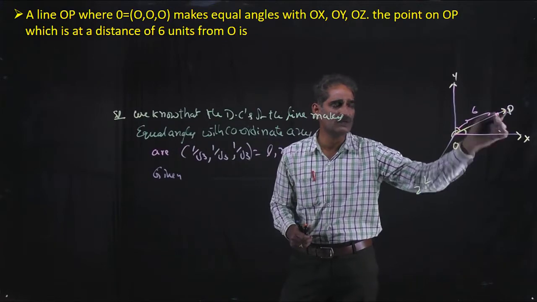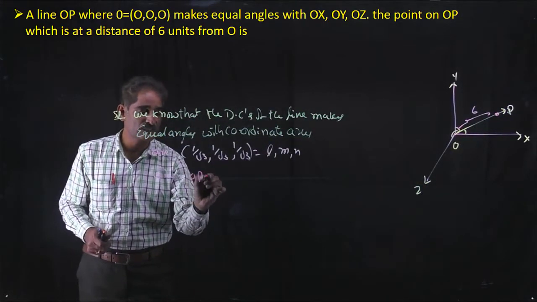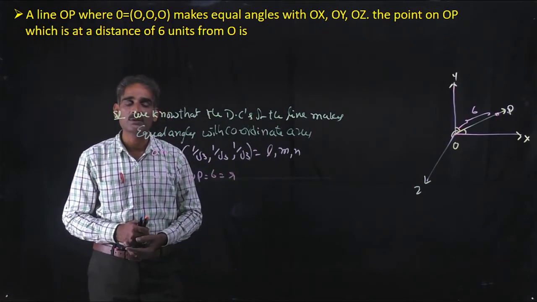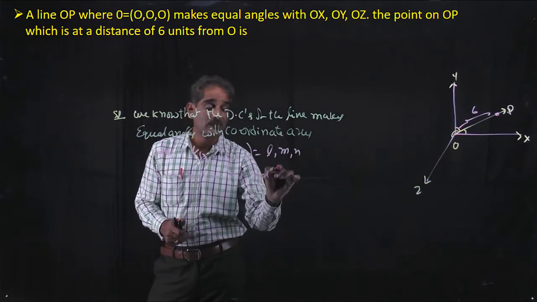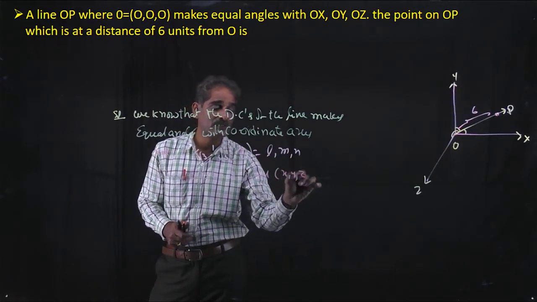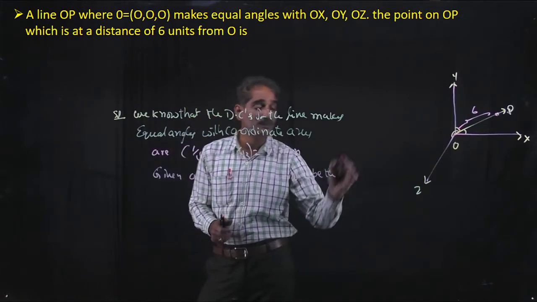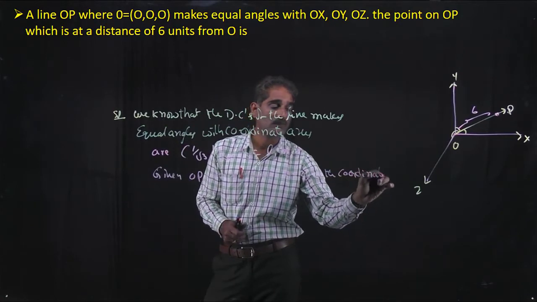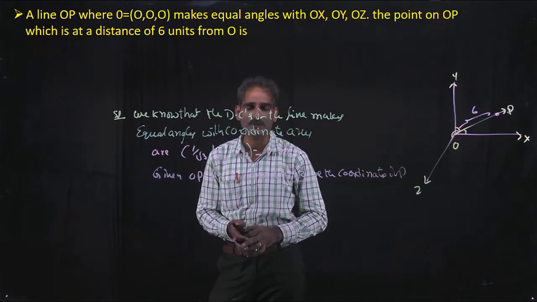Given that the length OP is equal to 6 units, let us take this equal to R. And let x, y, z be the coordinates of P. We just have to find the values of x, y, z.